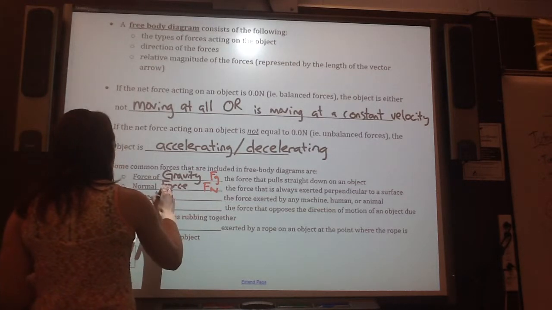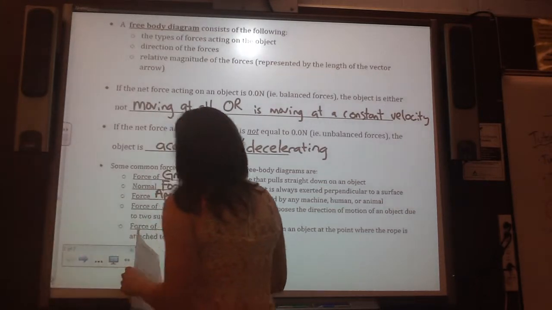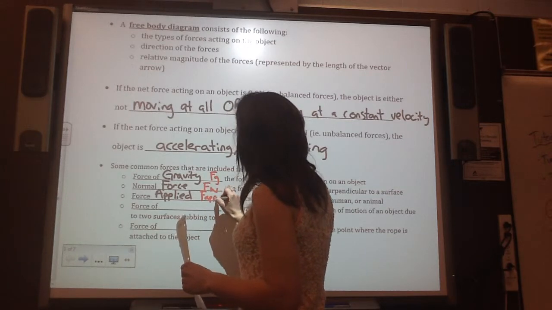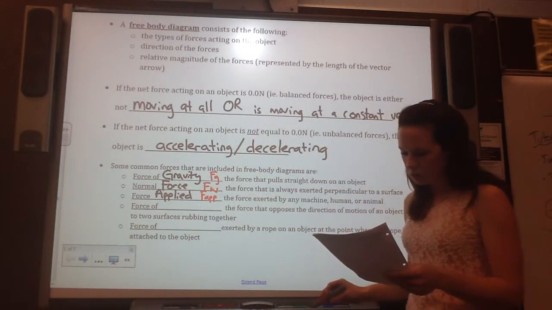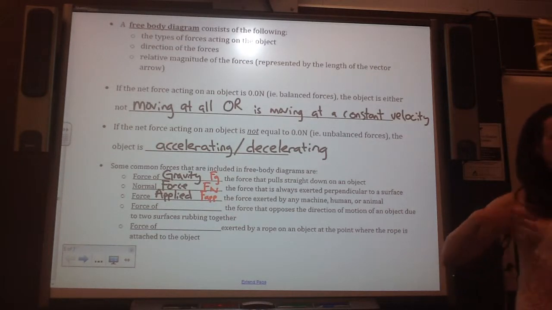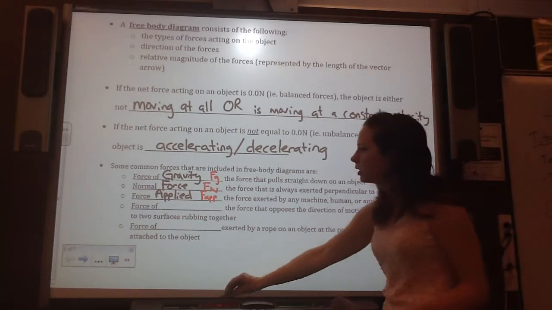The force applied, which is F-app, or F-A-P-P, small. This is the force exerted by any machine, animal, human, etc. Any force that's being actually exerted on the object.